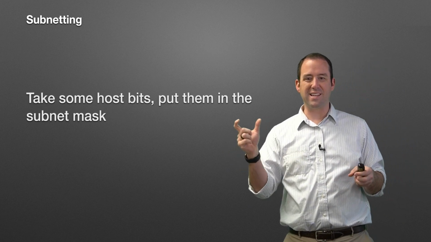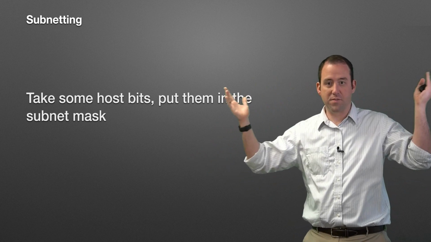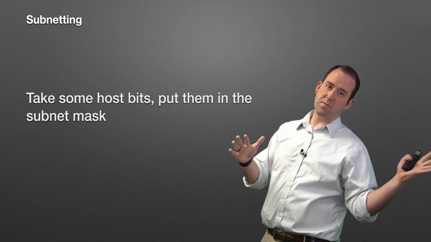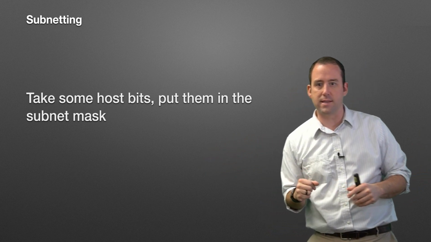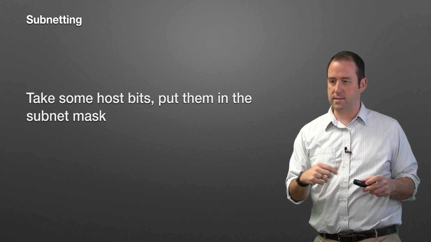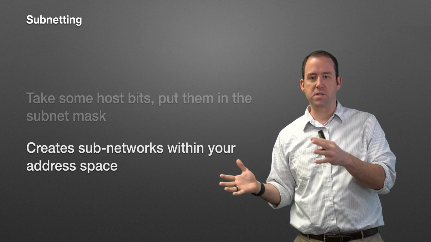So subnetting is the process of taking that giant network, splitting it up into smaller networks, and we do that by taking some of those host bits. Remember, we have 24 bits of host information. We're going to take some of those, we're going to shift them from the host over into the subnet mask and use those bits to create new subnets. And it creates those subnets within the address space that we already have.